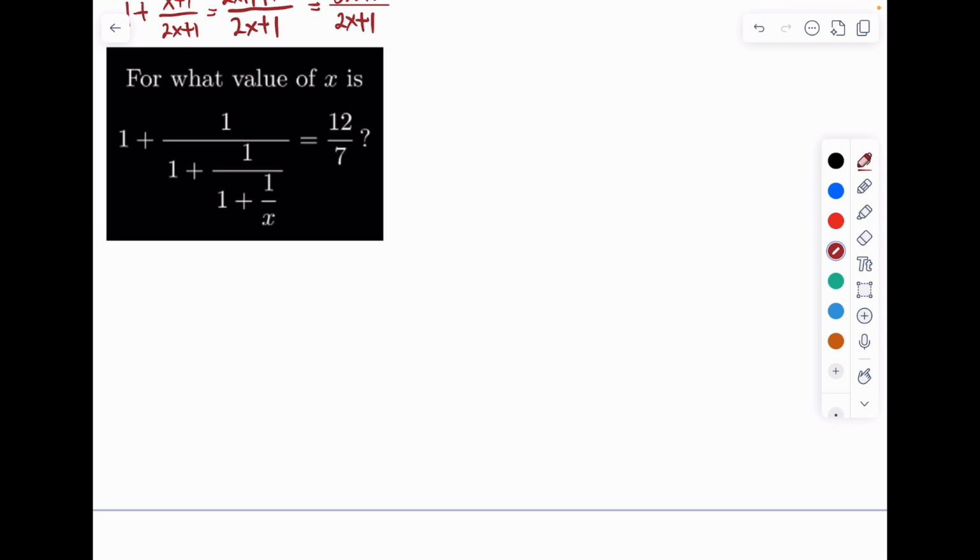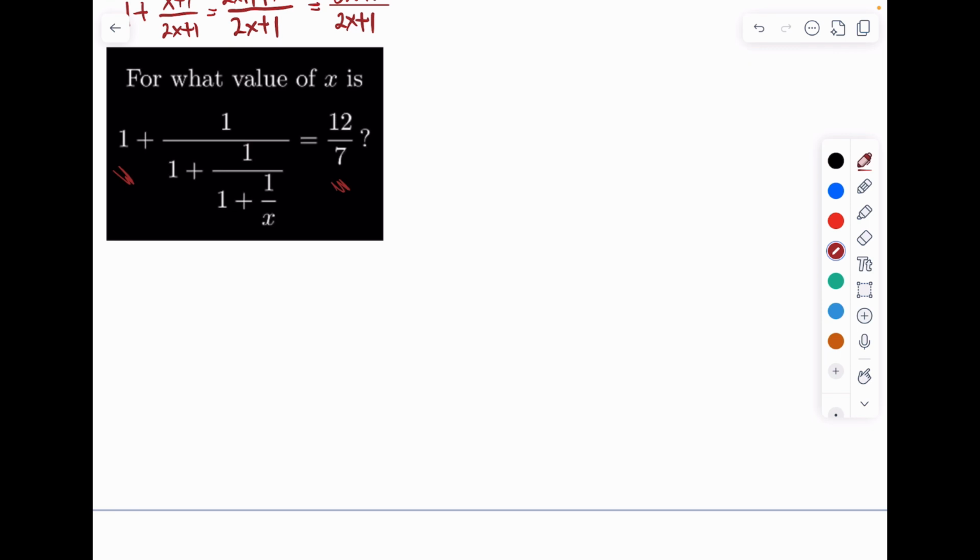If you notice, the left side and the right side of the equation are equal to each other. That means whatever you do here, you have to do here as well, so that you maintain the balance or the equality.